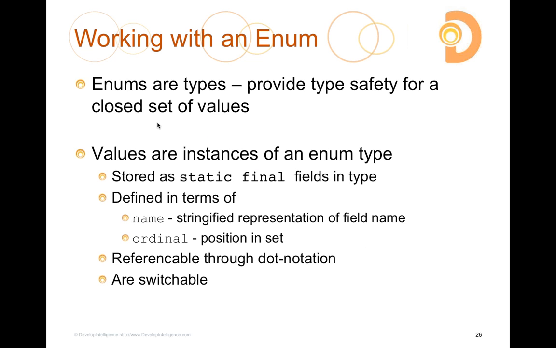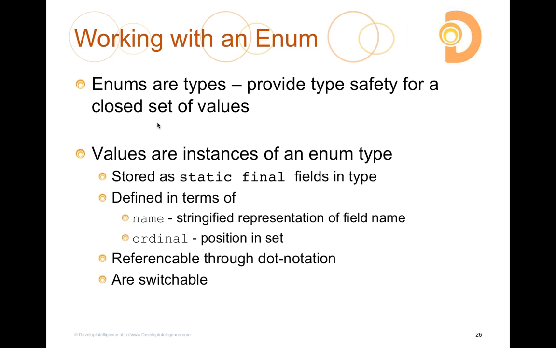Enumerations are treated as well-formed types, meaning they are a first-class citizen within the Java language. Behind the scenes, if I were to dissect them like I were to dissect a frog, I would see that enumerations are implemented using static final variables like I saw in an interface.